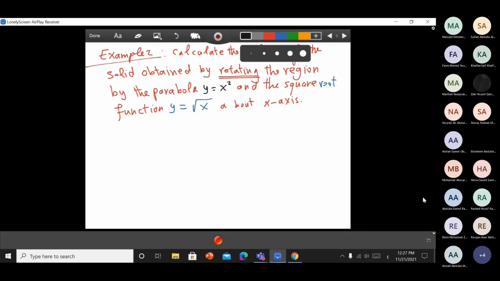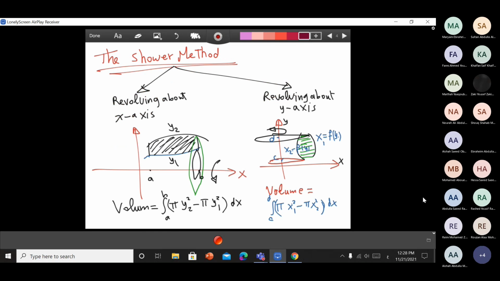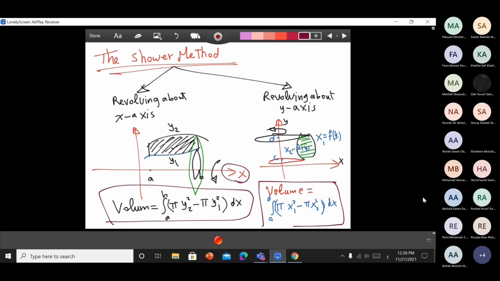Okay, so the solution. Even if you don't know the graph of this function, and you swap this one, this is the case because I'm going to revolve about the x-axis.